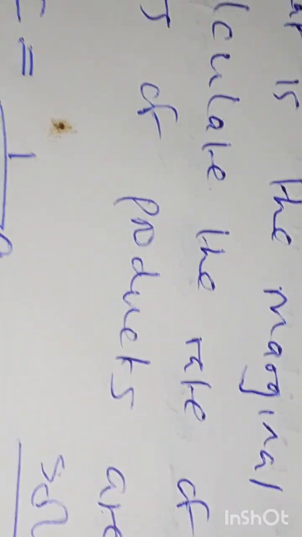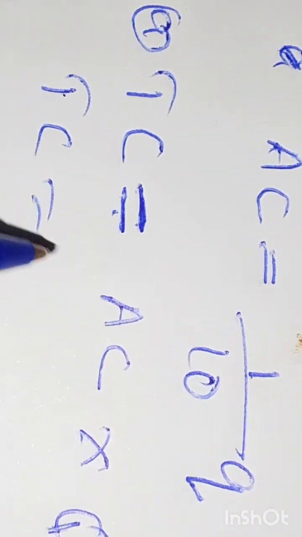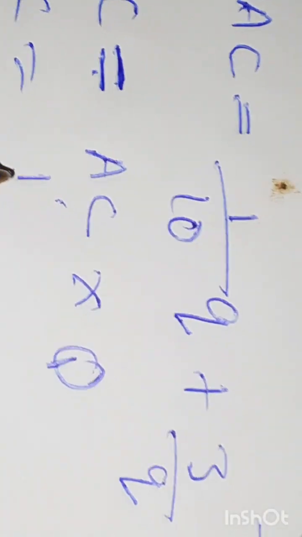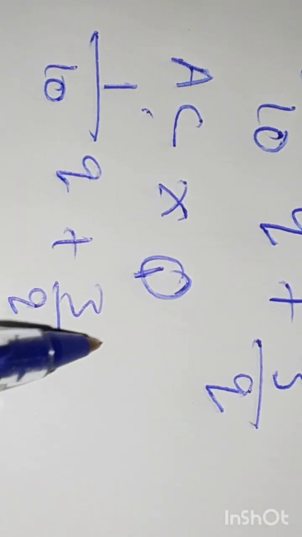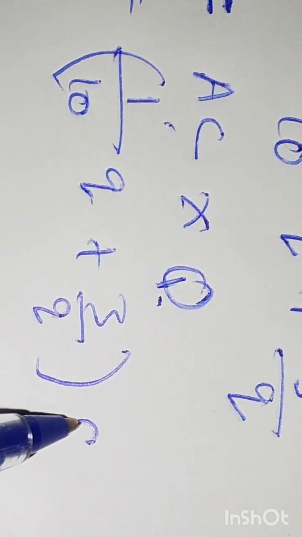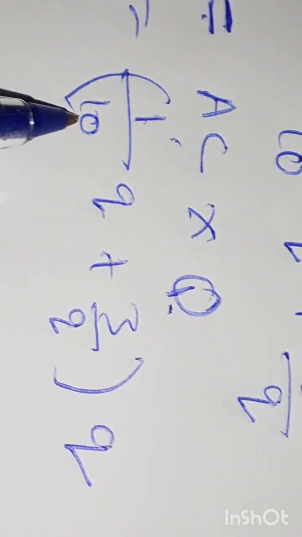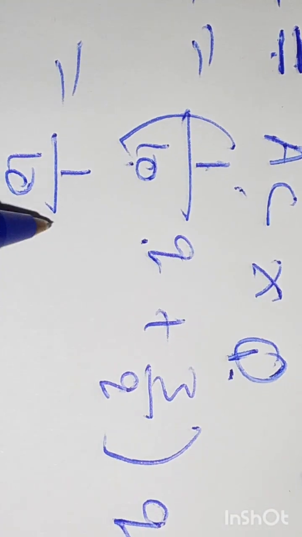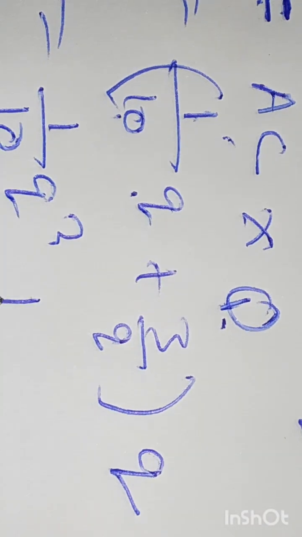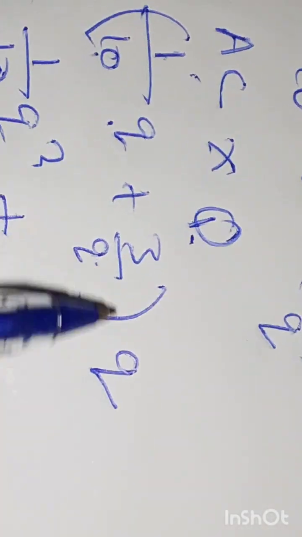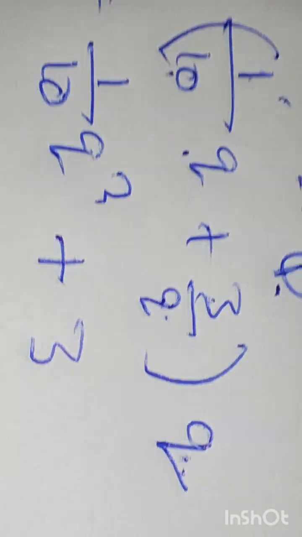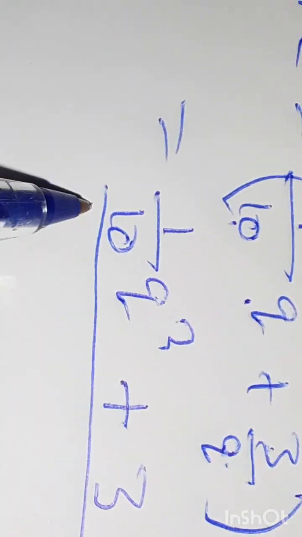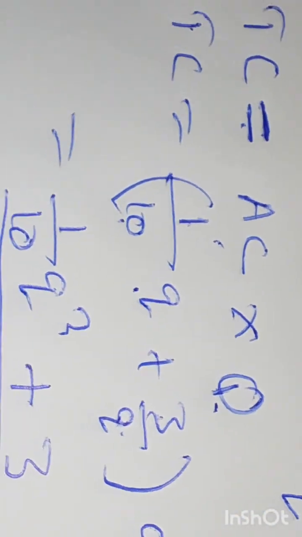So the average cost is this function, 1 over 10Q plus 3 over Q, multiplied by quantity, which is Q. So 1 over 10Q multiplied by Q gives us 1 over 10Q squared, plus 3 over Q times Q. So it is 3Q over Q, so you just have the 3 here. As simple as that.